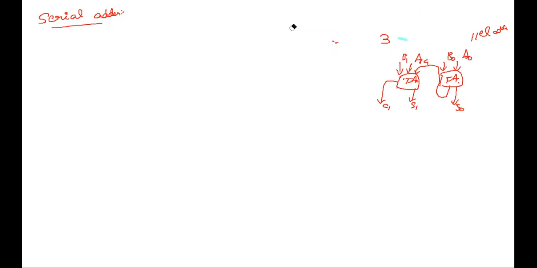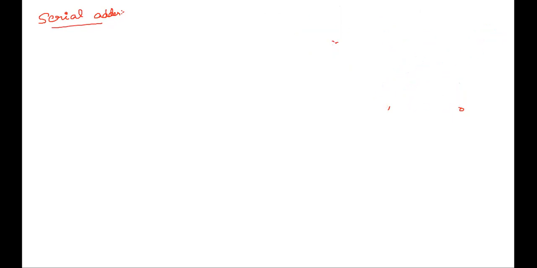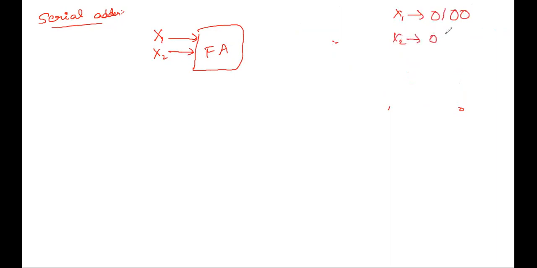So a serial adder means it is one full adder. I am taking inputs x1 and x2, two inputs because you are performing addition. x1 is one number and x2 is another number.